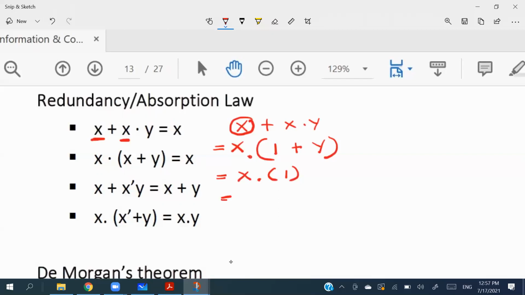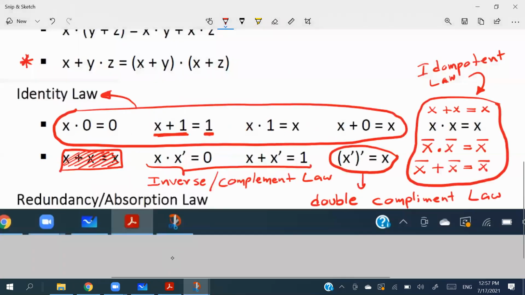That means x dot 1 is x. If we multiply a particular variable by 1, it produces the same variable. Again, it comes from the identity law. See, x dot 1 equals x.